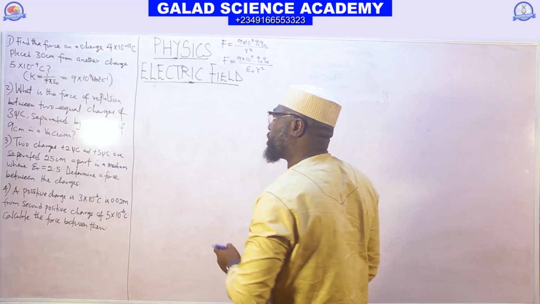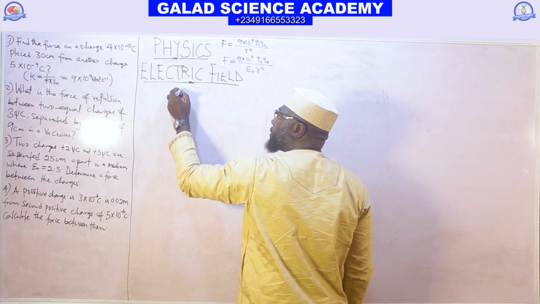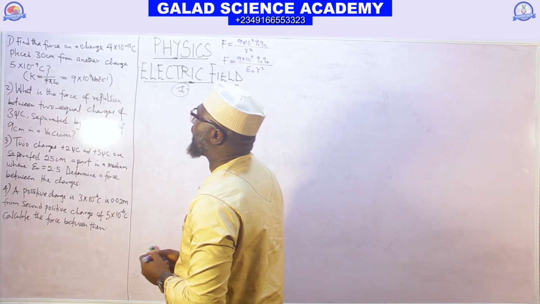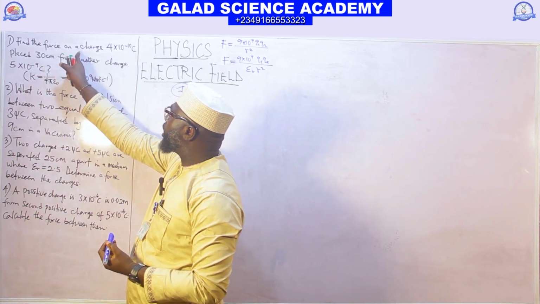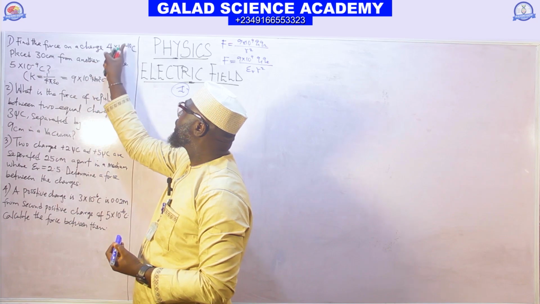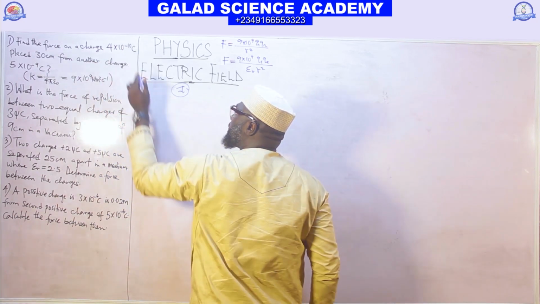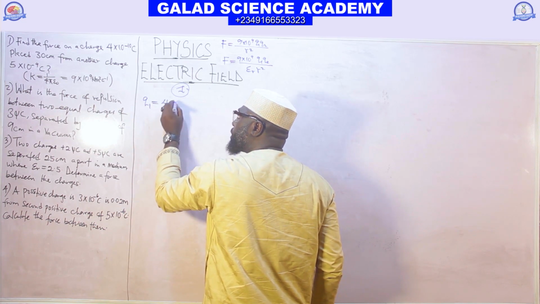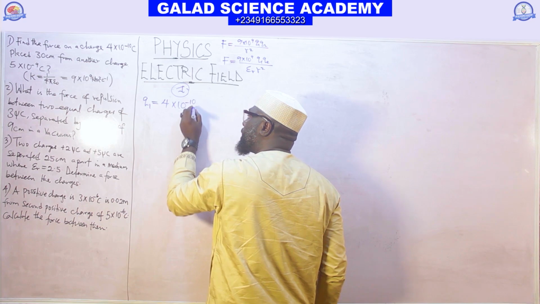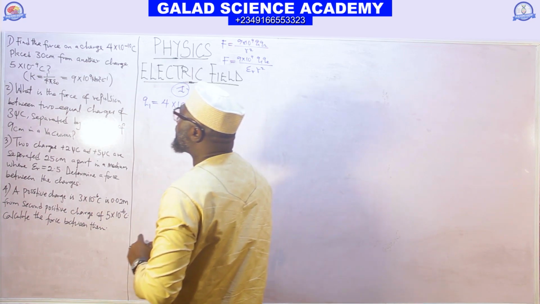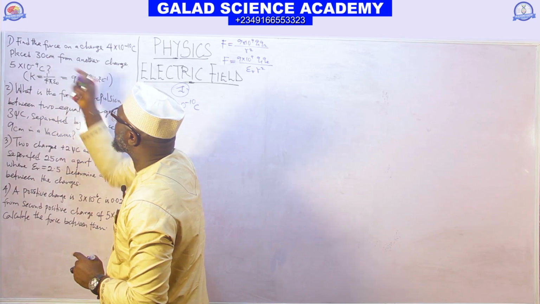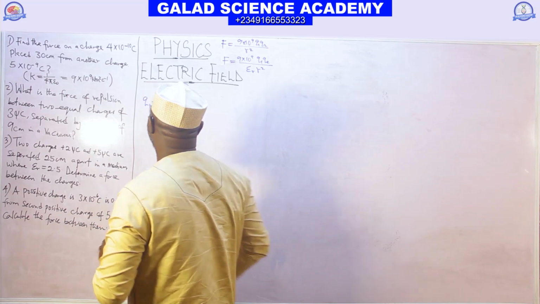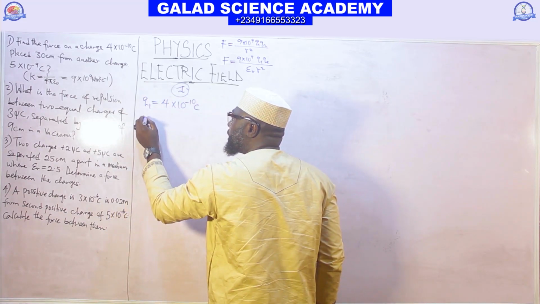Let's solve these 4 questions. Question number 1. Given parameter, the force on a charge. The first charge, call it Q1, is 4 multiplied by 10 raised to power minus 10 Coulomb, placed 30 centimeter from another charge.